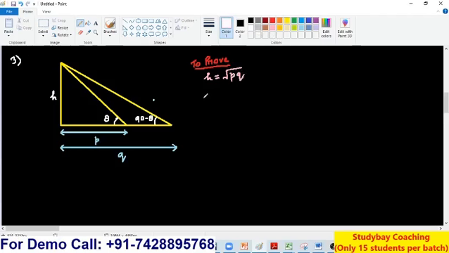Now here we can use this tan theta equals to h upon p, alright, and so this h can be equal to p tan theta, alright. This is first point.